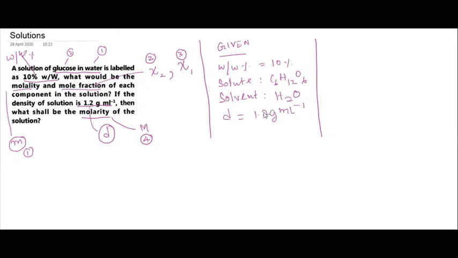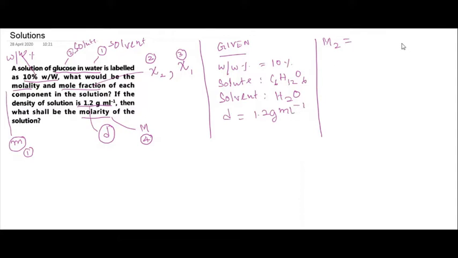What data can be derived from the given data? For instance, we can derive the molecular weight of glucose. So let us find the molecular weight M2, where 1 is solvent and 2 is solute.